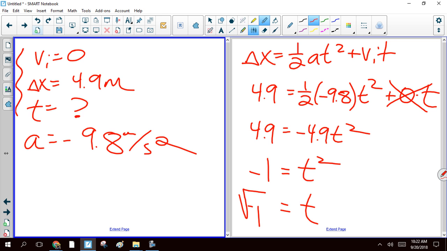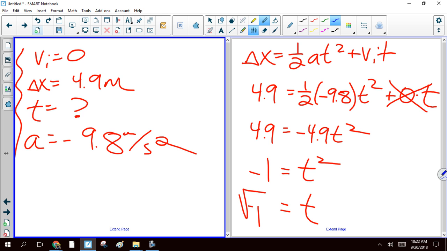So write out your givens, and then, this is a thing that I'm bad about modeling, go back and check your signs. How come the acceleration is negative? Because the velocity is decreasing as it falls. Initial velocity is 0. Talk to me about displacement. It's going to go down 4.9 meters.